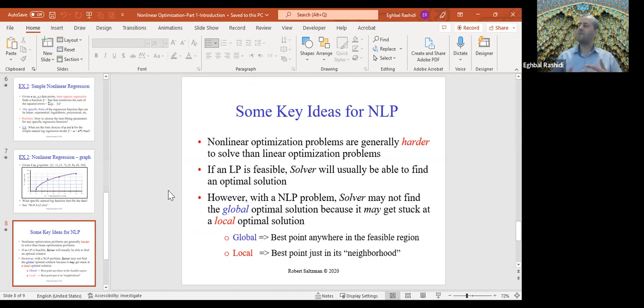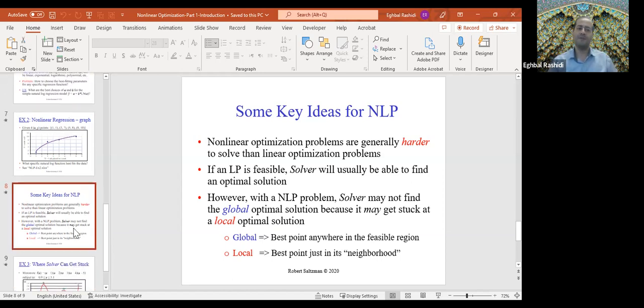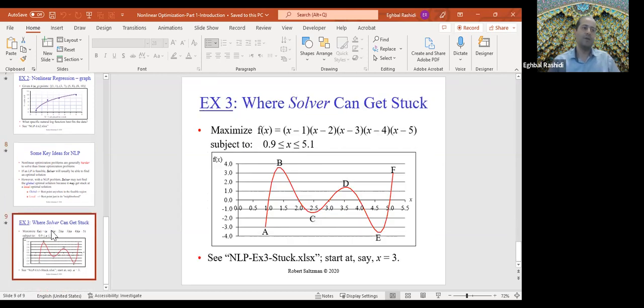So that's why we have two concepts here: the local optimum and the global optimum. The global optimum is the best optimal solution, and the local is just its best compared to its own neighborhood. So let's see an example of that.